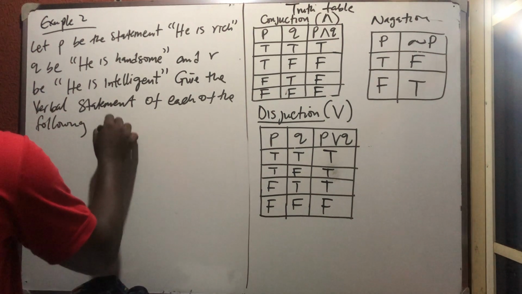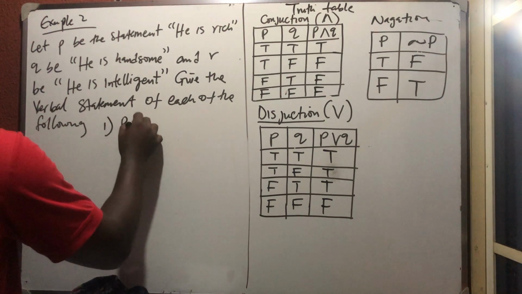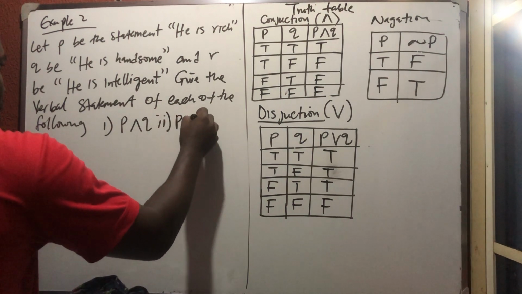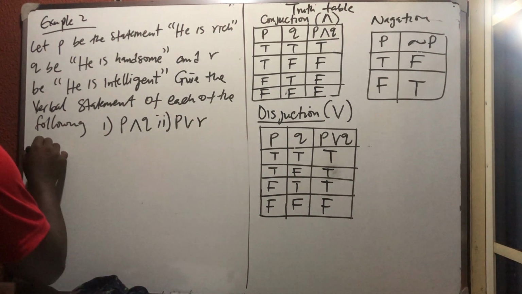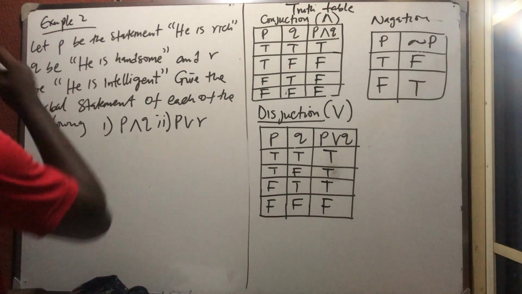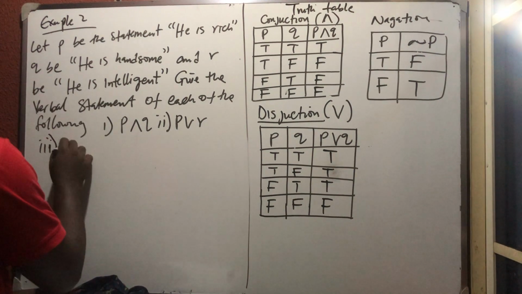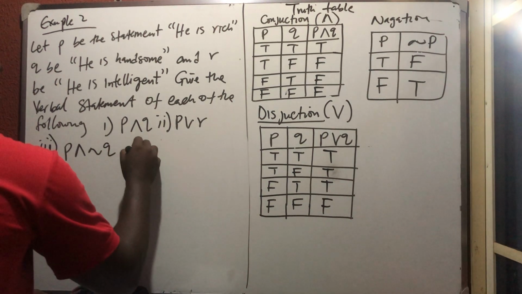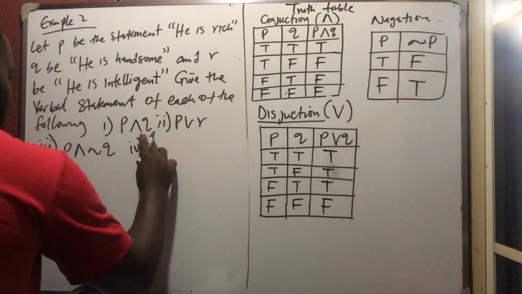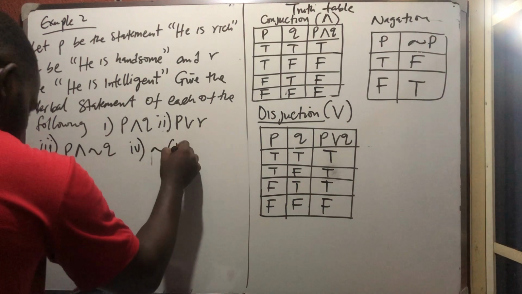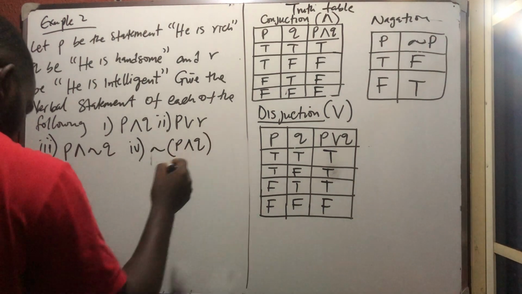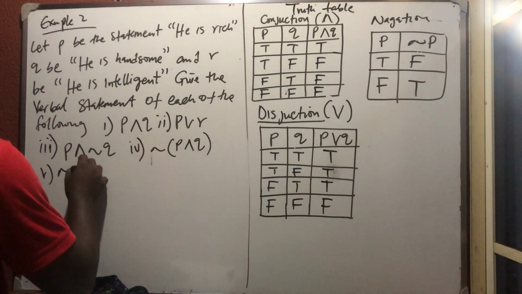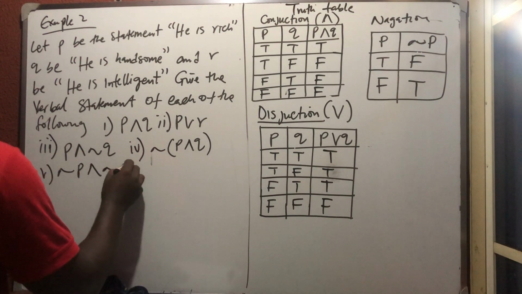They say: P and Q. P or R. P and negation of Q. Negation of P and Q. Negation of P and negation of Q.